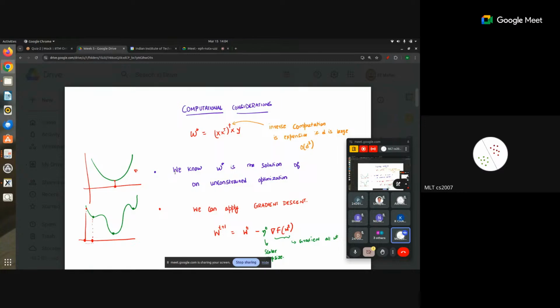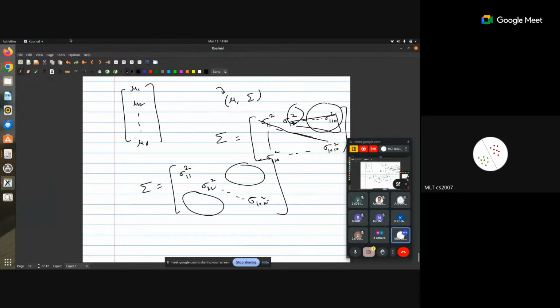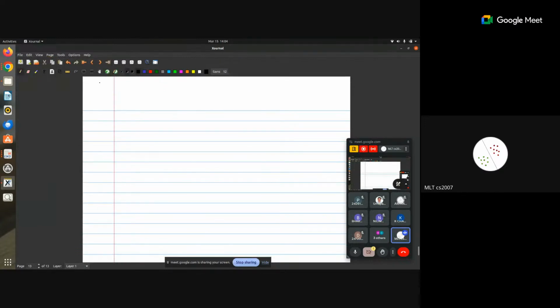If you have d features, then it will be w1 x1 plus w2 x2 up to wd xd. I'll show you how it would look, and I'll tell you what lasso does too. So your y prediction should be w1 x1 plus w2 x2 up to wd xd. Fine, right? And we know how this data set will be.